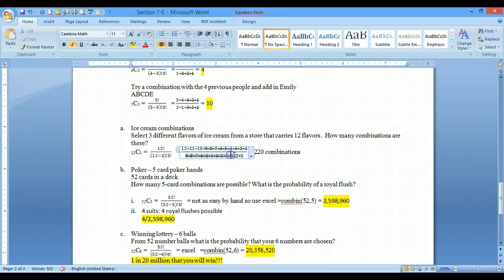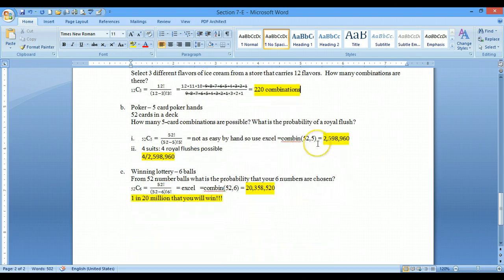I can go through also and simplify some more. 3 times 2 is 6, 12 divided by 6 is 2, 2 times 11 is 22, 22 times 10 is 220 different combinations from this store. Let's move to the next example.